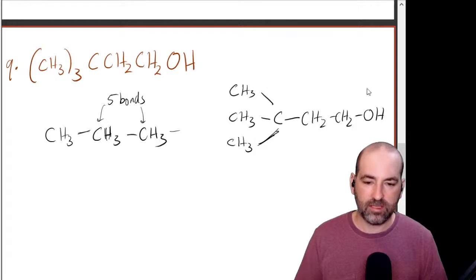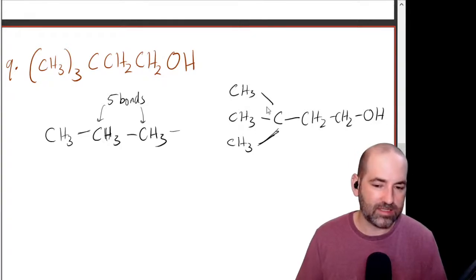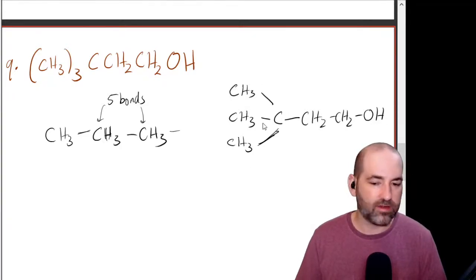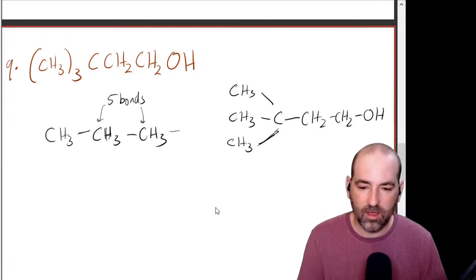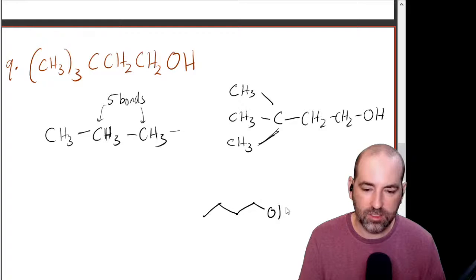So now we've got this, and this should help us to come up with a line structure, because we can start visualizing what that line might look like. We've got 1, 2, 3, 4 carbons and the OH, so that's going to be our main zigzag, and then we'll have these other CH3s coming off of it. So 1, 2, 3, 4, and then OH.